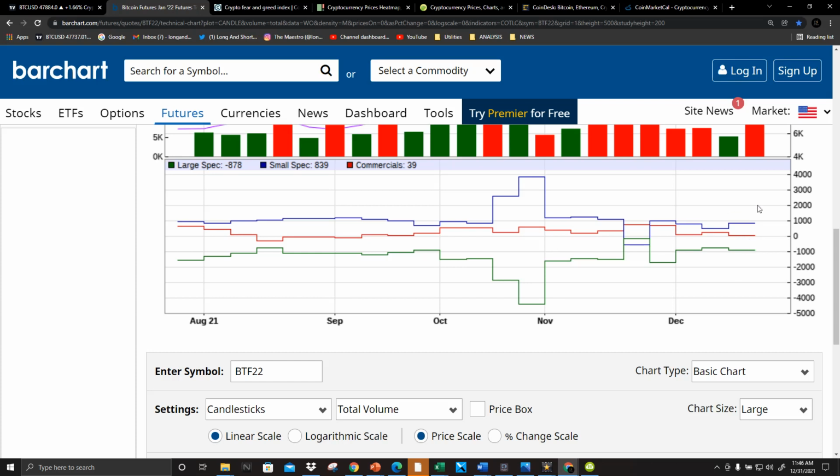Anything above this is a net long position. And if I look at these three points here, large speculators are short. They tend to play opposite of what we're doing, right? Which is why we're so mad at hedge funds, because it seems like we can never trade with them. We're always trading against them, or they're always trading against us, really. Right? And then most of us are net long going into January.